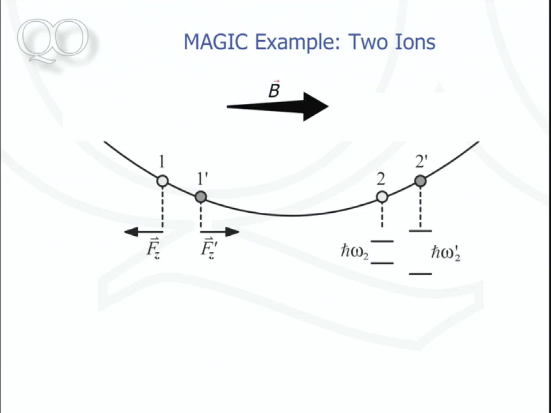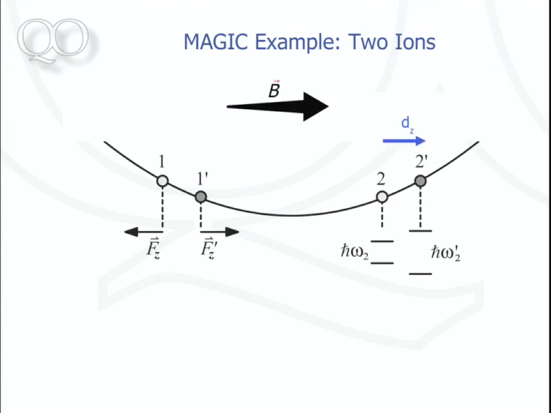Then we have a second ion sitting here at this position. Now we flip the spin of the first ion, and it experiences a force in the other direction, and it pushes away the second ion also into a different position, and the second ion changes its energy by a certain amount here, and this gives rise to the spin-spin coupling.